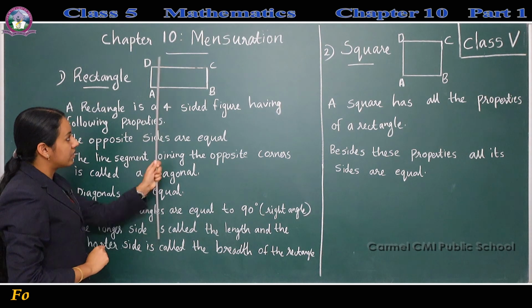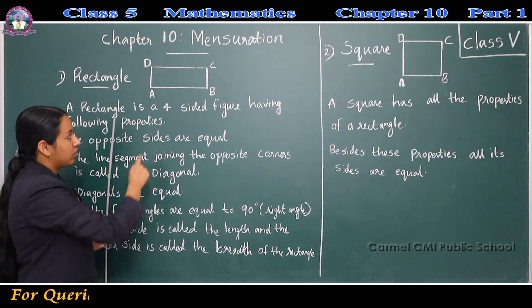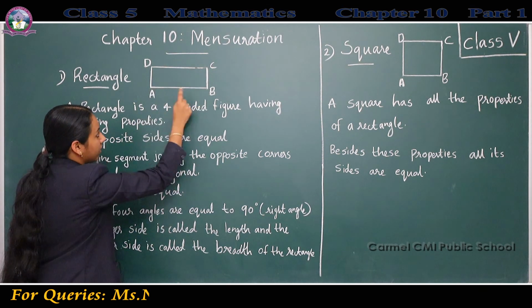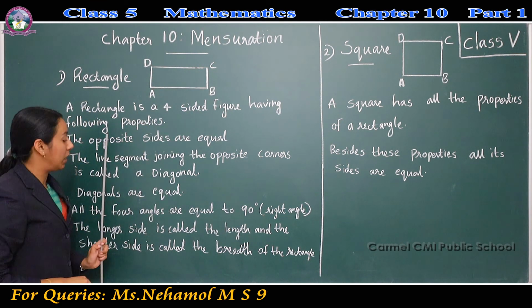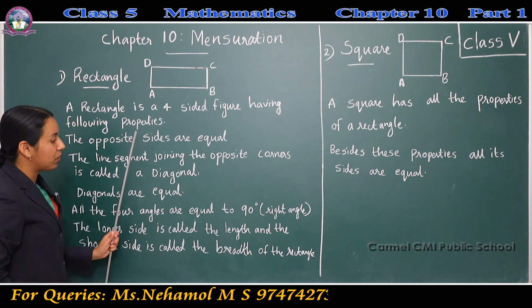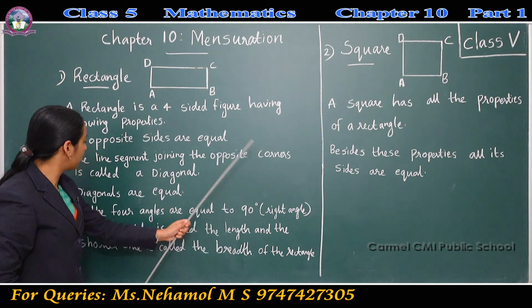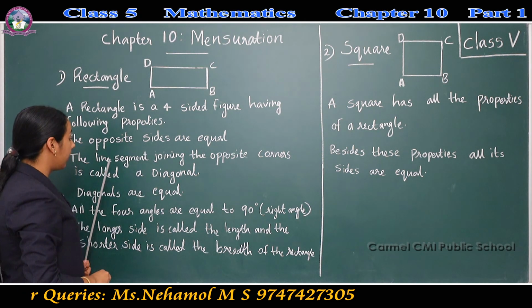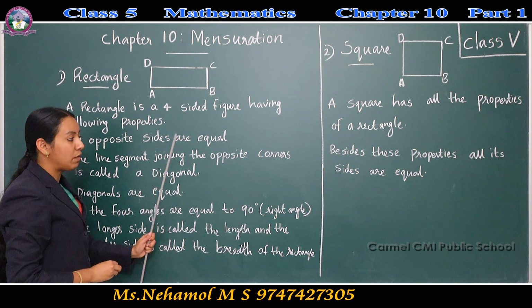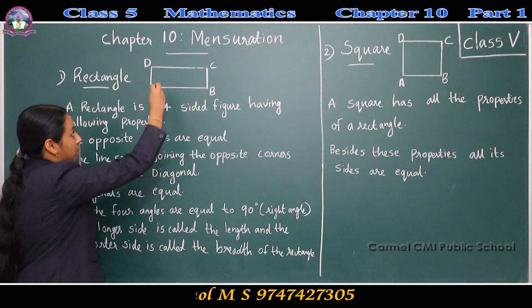Then DA is equal to CB. This side and this side, this side and this side. Opposite sides are equal. Then the line segment joining the opposite corners is called a diagonal. What is a diagonal? Line segment joining the opposite corners.